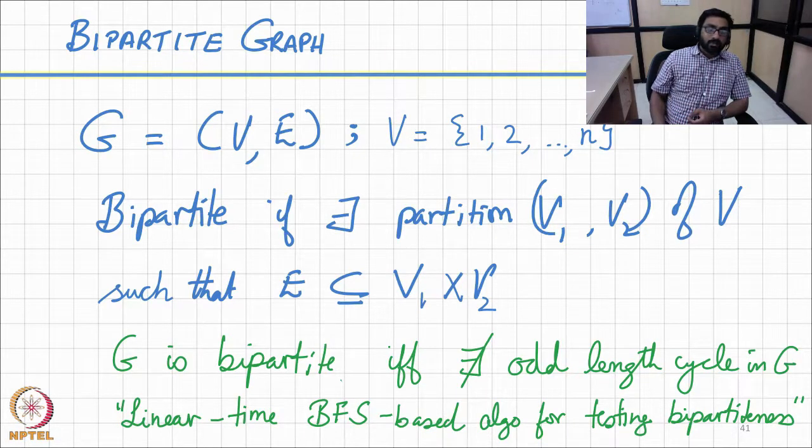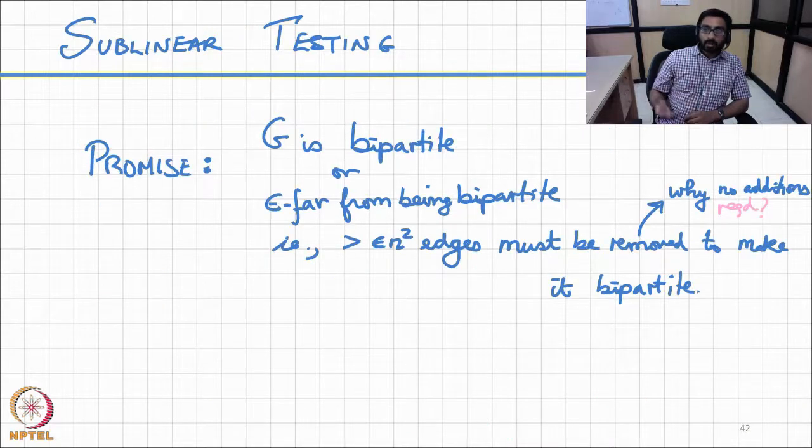Okay. But obviously, this will not suffice for our purpose because executing BFS would mean that we need linear time and a linear number of queries, and that's not acceptable. And so we have to be in the realm of sublinear testing.